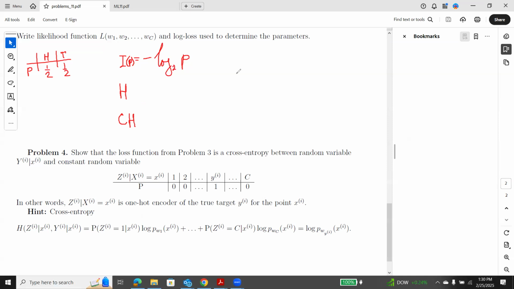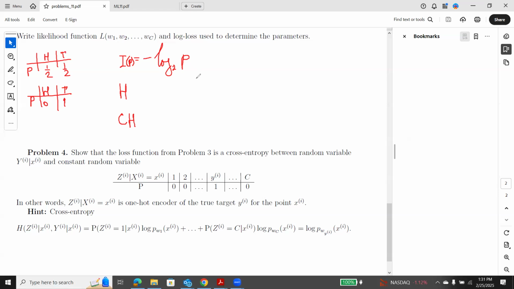What if our coin is completely biased, so that, for example, we always get tails? The probability of heads is 0. What will be the information in this case that tossing resulted in heads?